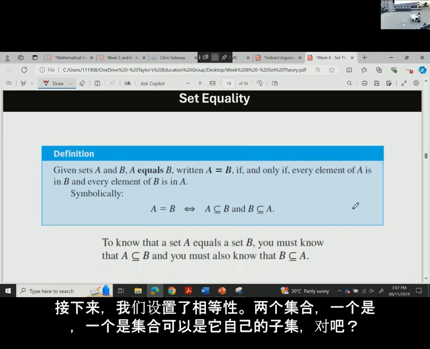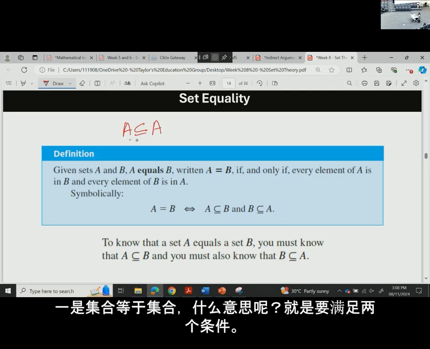Right, next we have set equality. One thing is that a set can be a subset of itself, right? Another is that a set is equal to another set. What does it mean? That it should fulfill two conditions.